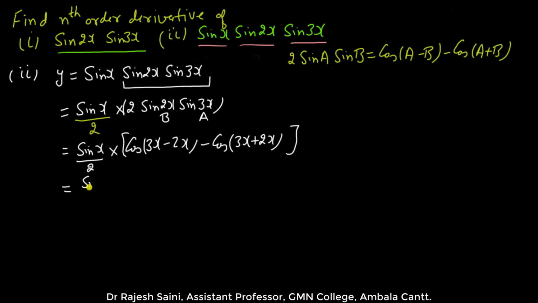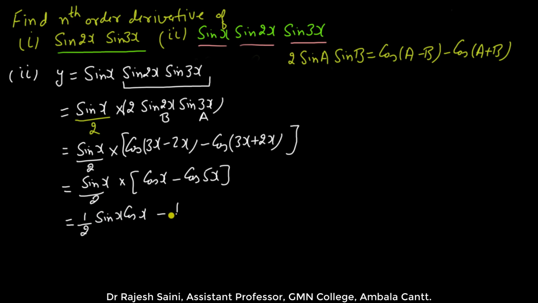This will be sine x by 2, and this will be cos x minus cos 5x. Fine. Now you will multiply this one inside. What you will get? 1 by 2 sine x cos x minus 1 by 2 sine x cos 5x.